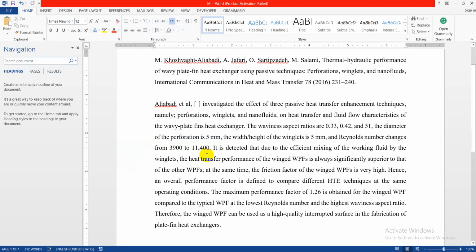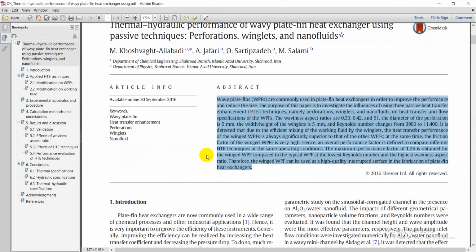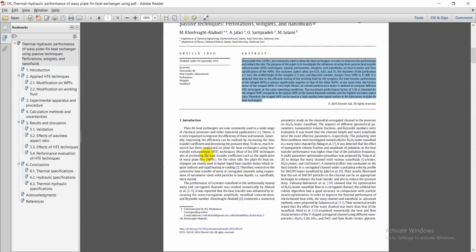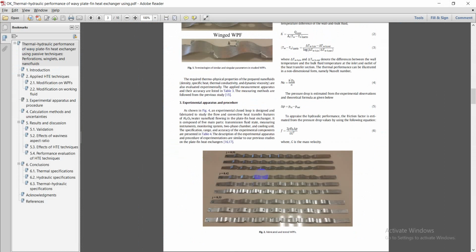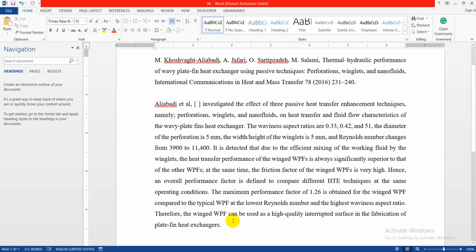Then here they studied the wavelength aspect ratio. Maybe he means the amplitude, as it can be seen here, the wave amplitude and the length. The diameter of the perforation: if you think this is important information, you can keep it, and I think it is not important.